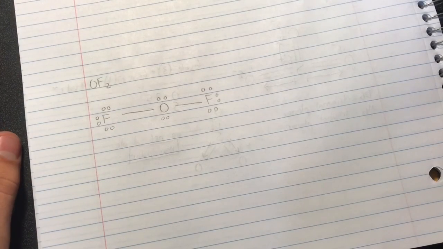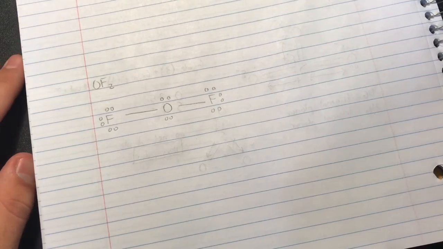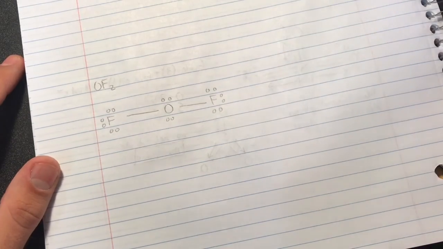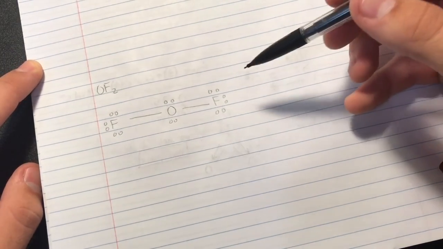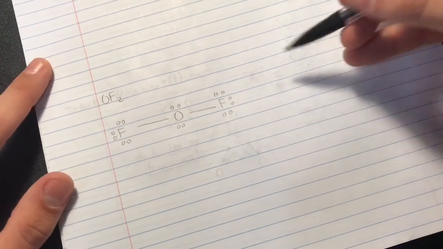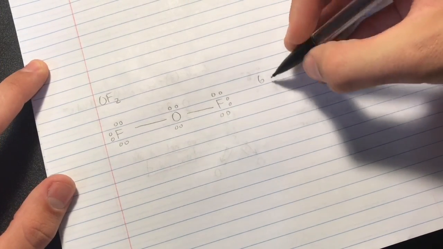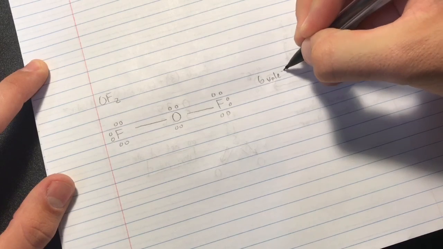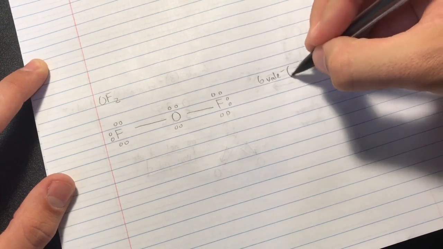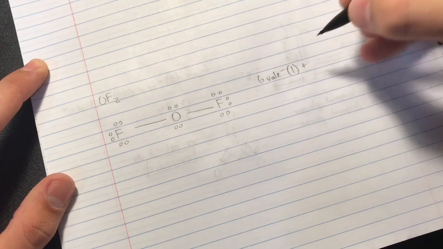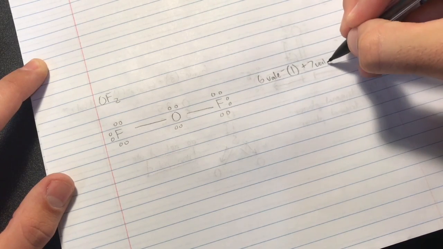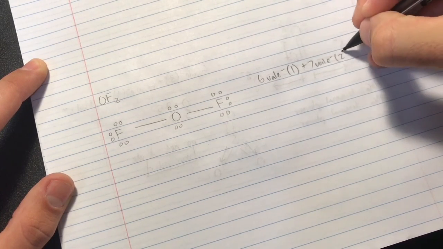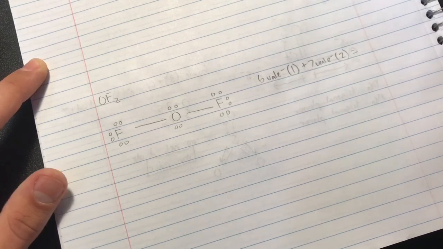Next is the OF2 molecule, and I went ahead and drew the Lewis structure again. So let's go ahead and make sure this Lewis structure is correct. So oxygen has 6 valence electrons, and there's only 1 of them, plus fluorine has 7 valence electrons, and there is 2 of them.